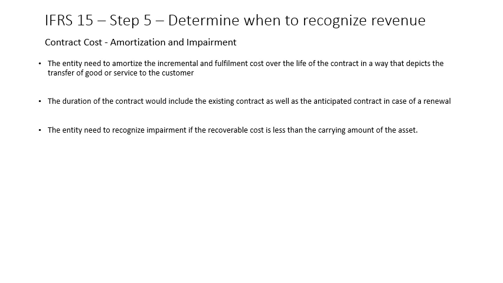The duration of the contract would include the existing contract as well as the anticipated contract in case of a renewal. The entity needs to recognize impairment if the recoverable cost is less than the carrying amount of the asset.